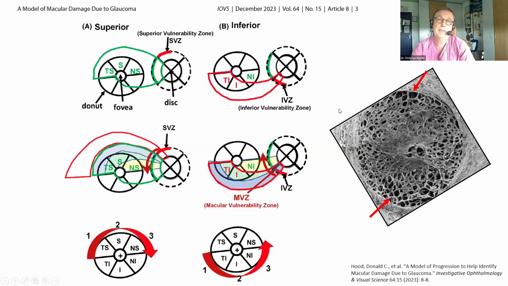There's a very nice paper in IOVS from New York from 23 showing how the ganglion cell layer loss in glaucoma slowly progresses. Typically, we have to look at the vulnerability zones he defines in the temporal inferior and temporal superior sector, where we see the first loss of axons, and the ganglion cells are then thinned a little bit more to the periphery in the upper hemifield and the lower hemifield.